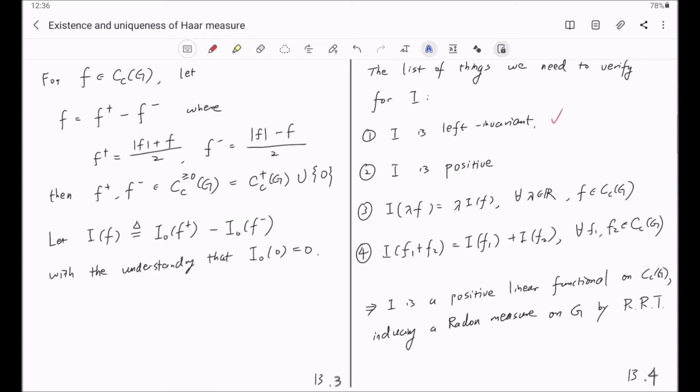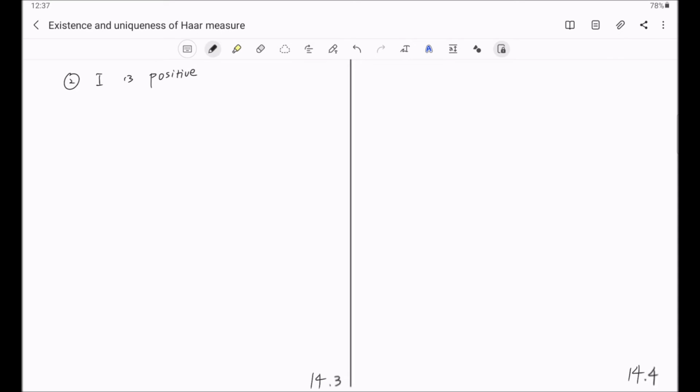And now we have verified the first property. Now let's prove that I is positive. This is pretty easy, because for any f in CCG non-negative, which is literally just CC plus of G union the singleton consisting of just the zero function, we have I of f is just equal to I0 of f, because the positive part of f is the same as f itself in this case.